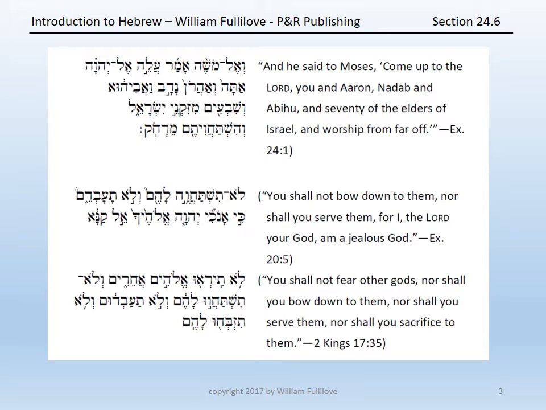Consider these 3 examples. First, from Exodus 24:1. Va'el Moshe amar, ale el Adonai, ata va'aharon, nadav va'avihu, v'shiv'im miziknei Yisrael, v'hishtahavitem merachok.